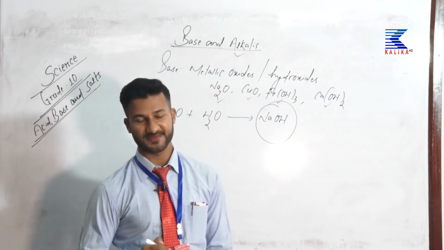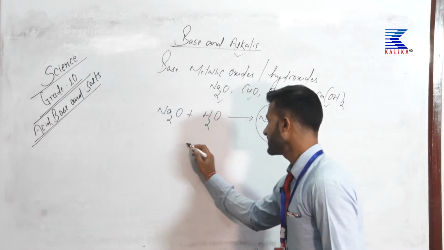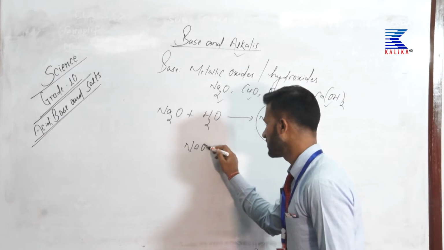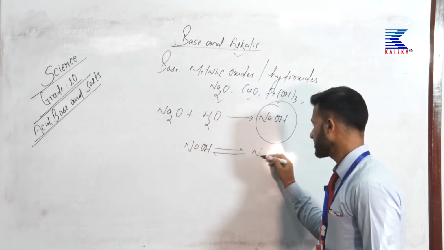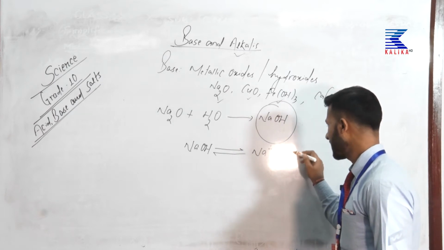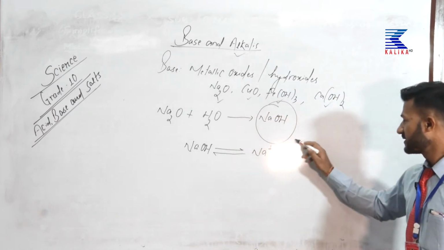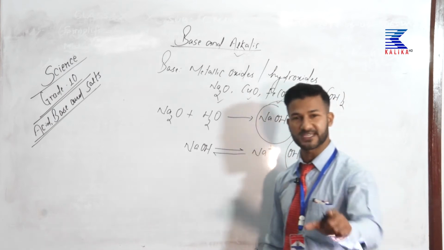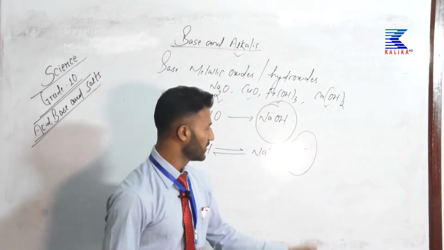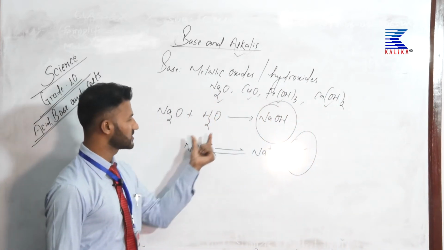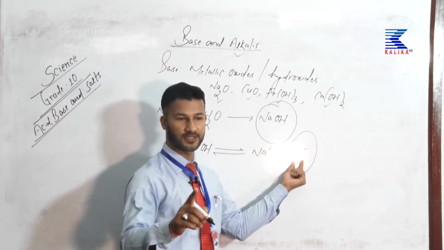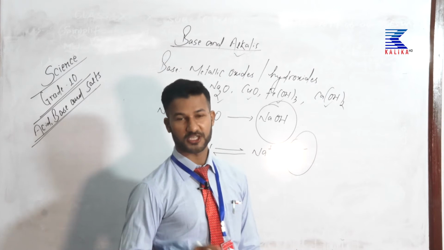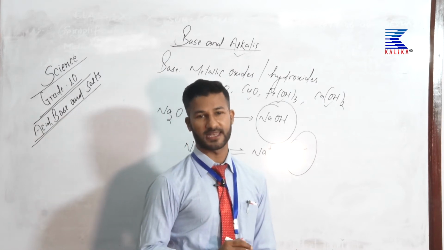You know why? Because when this compound is dissolved in water, it produces hydroxide ion. See, this hydroxide ion makes it alkali. Whenever a base dissolves in water and produces hydroxide ion, only such bases are called alkali.